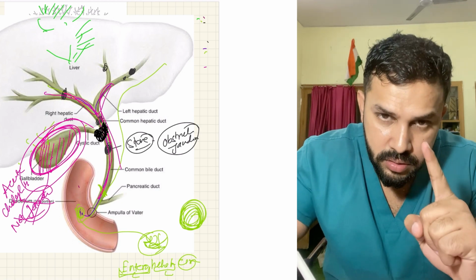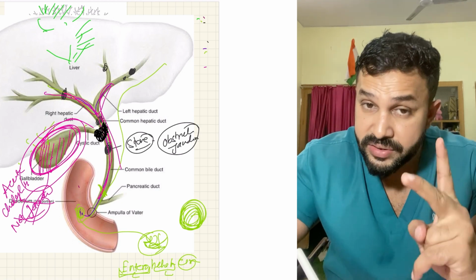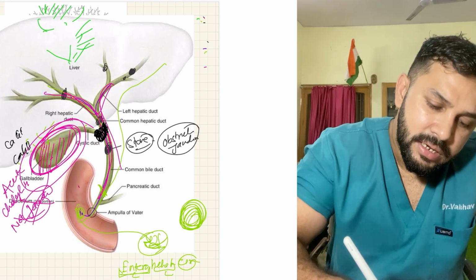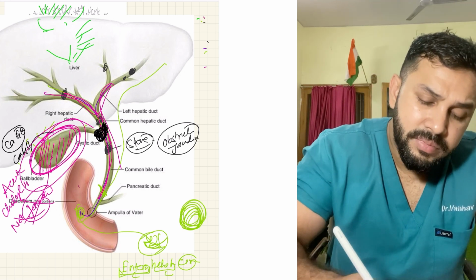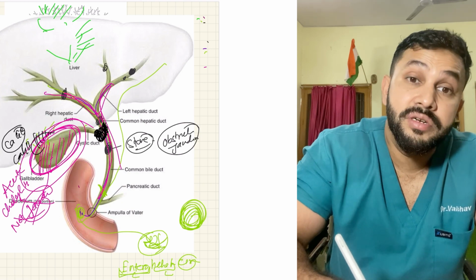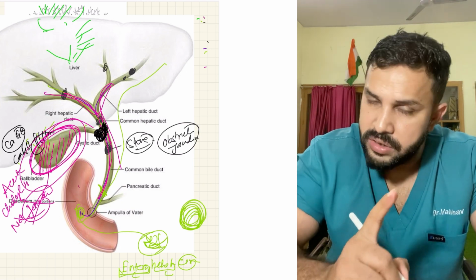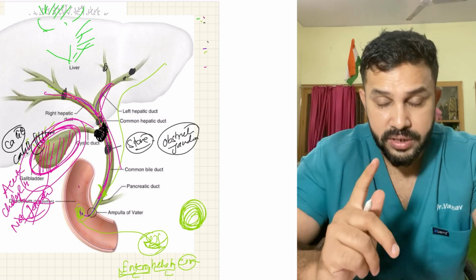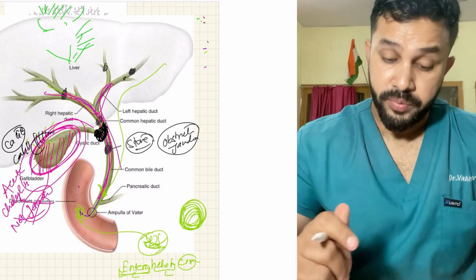So in Mirizzi syndrome it will be there. Second is carcinoma gallbladder, where there is direct infiltration into the liver, and this will cause jaundice. Otherwise acute cholecystitis will not cause jaundice. This question has to be in your mind.